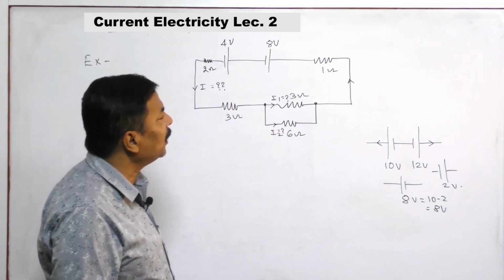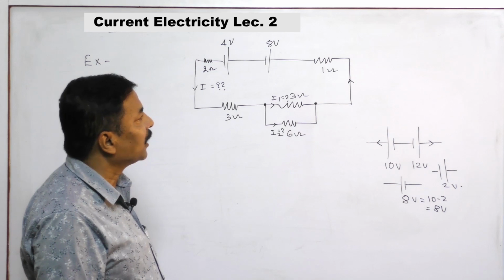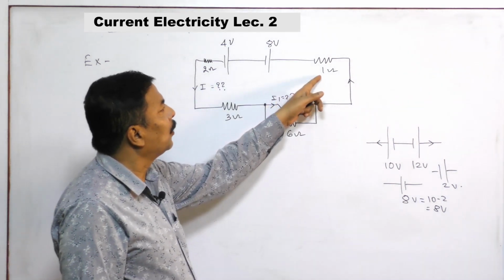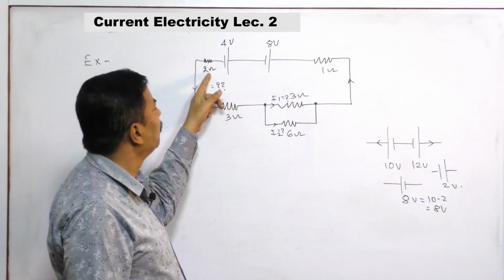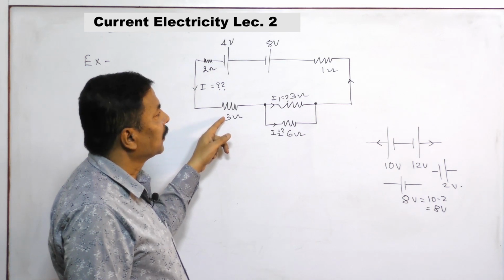That has to be understood, and the same concept I will apply here also. But first of all, let us talk about the resistance. This is 1 ohm, this is 2 ohm, this is 3 ohm.